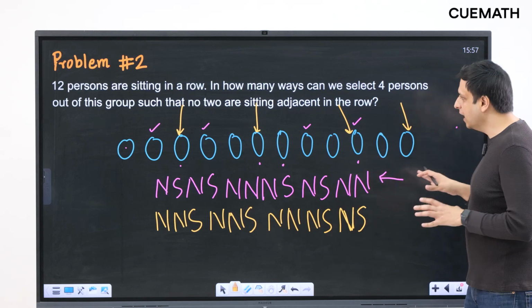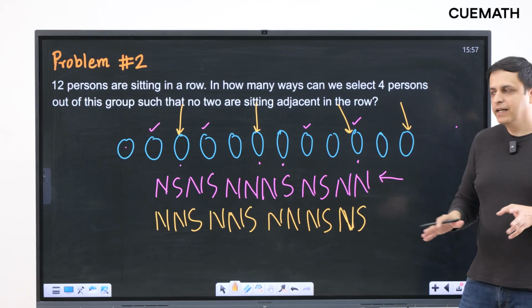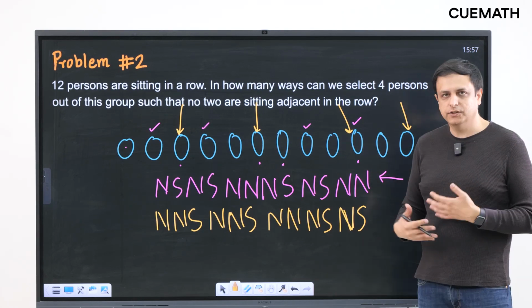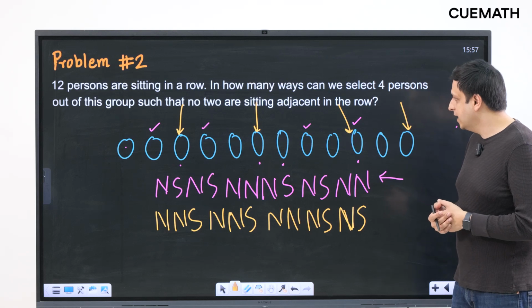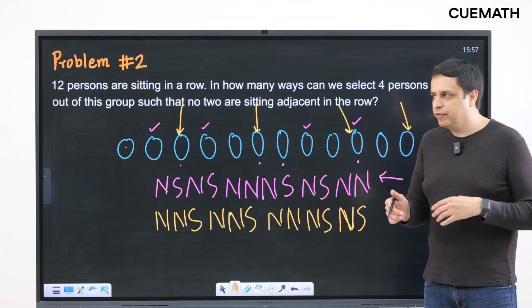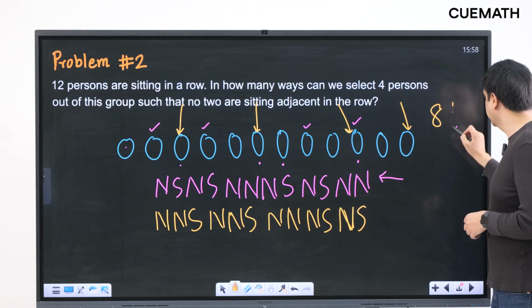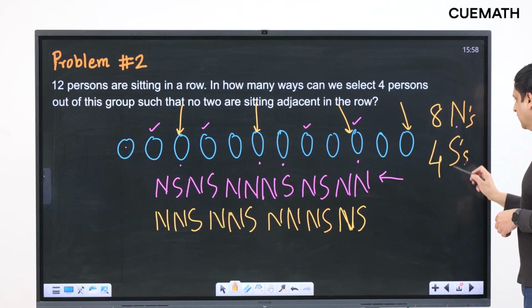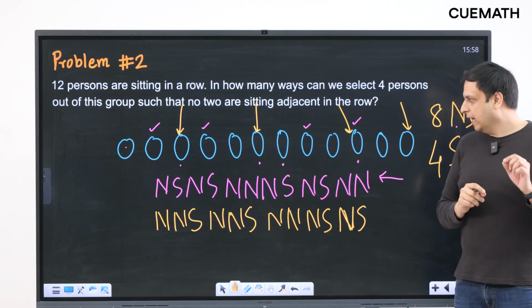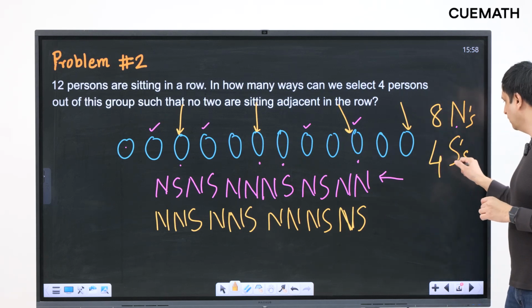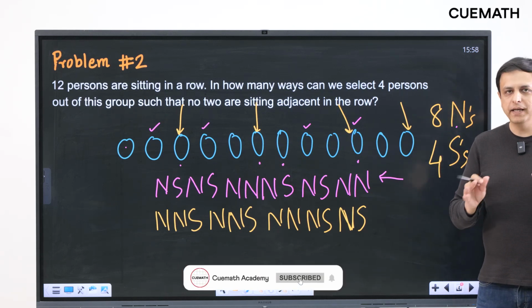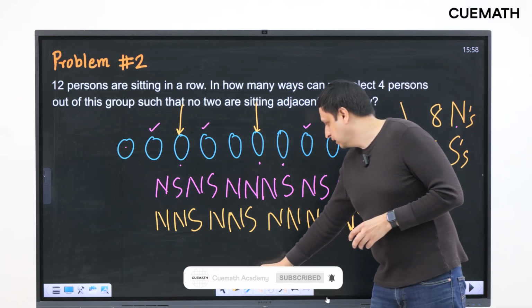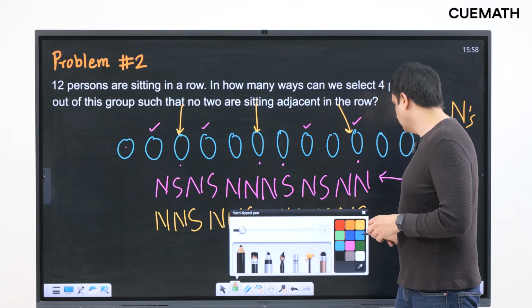So you can see how every valid selection can be written as a string of letters which has 8 n's and 4 s's. So 8 n's because 8 people are not selected, and 4 s's because 4 people are selected. But the caveat is, the key is that none of these 4 s's should be adjacent to each other. So this is what we have to count.